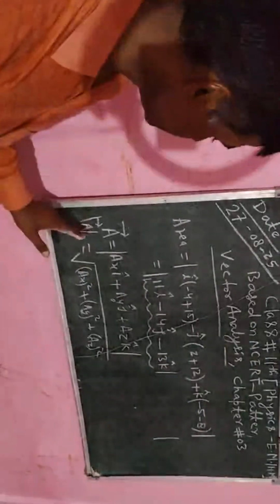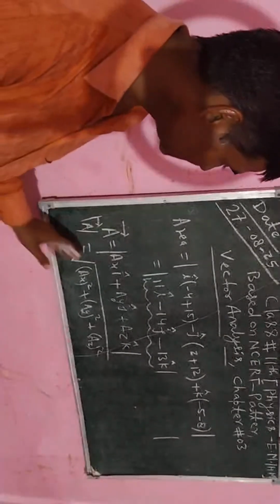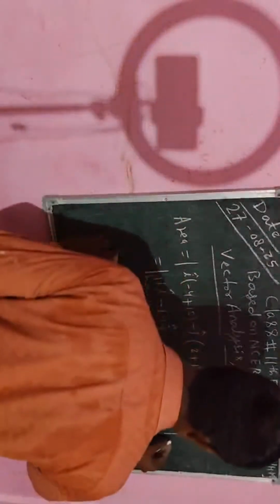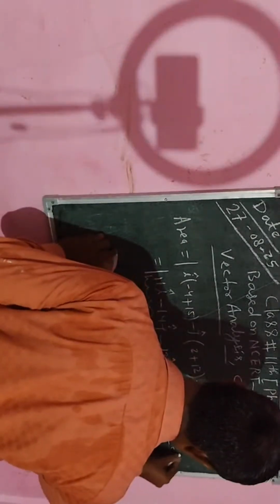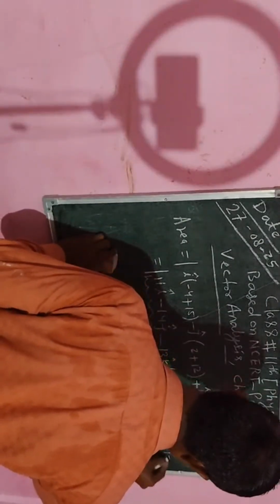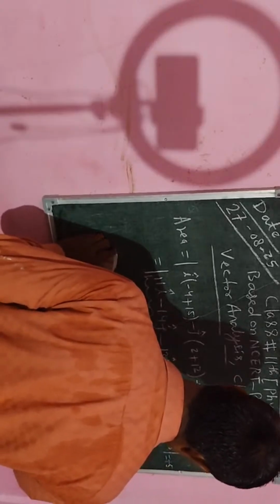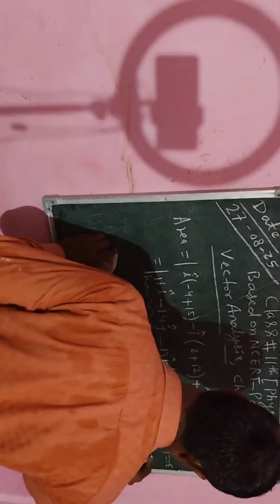Now I am going to erase this, and after erasing I will follow the same concept to find its value. The modulus sign is going to give a plus value. If minus 5 is the value, the modulus sign will give plus 5. If plus 6 is the value, the modulus sign gives plus 6.